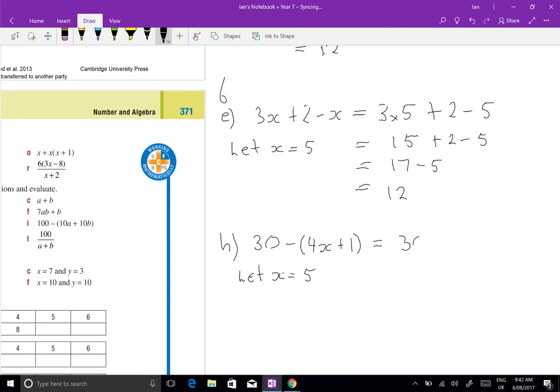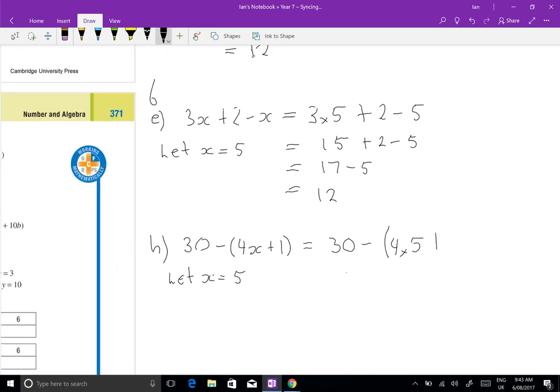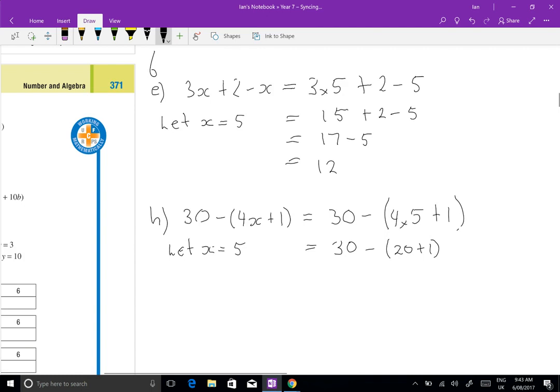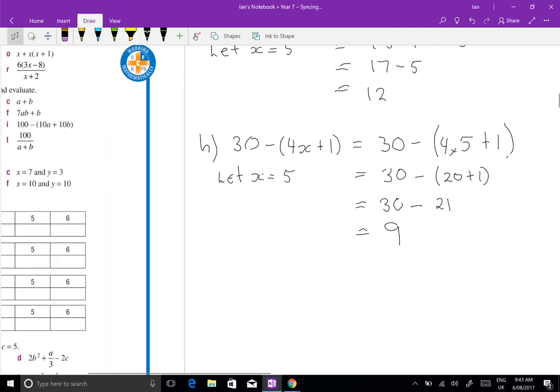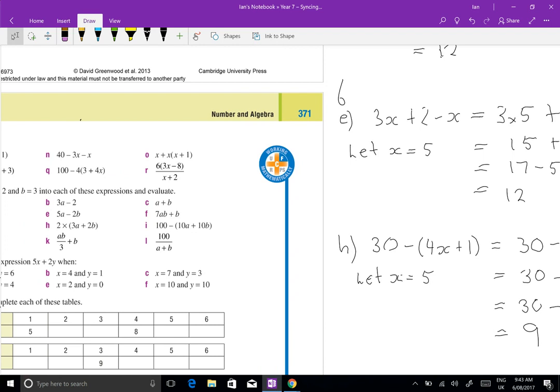So I have 30 minus bracket 4, remember, that's times x, so 4 times 5 plus the 1. All right, now it's just order of operations. 30. 4 times x is 20 plus 1. Now we do inside the parentheses, 21, and 30 minus 21 is 9. And you could do all that on your calculator. It's good to practice though.